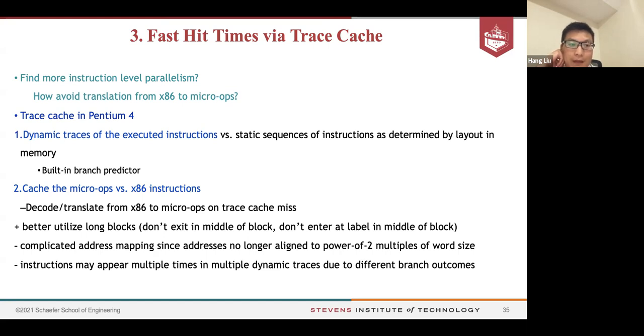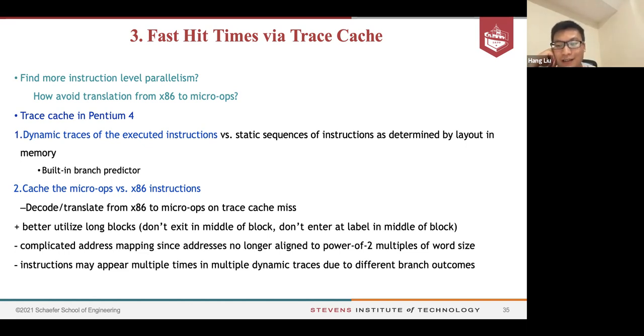What is the problem? When we are trying to execute different instructions, if some of the basic blocks are predicted taken and some are predicted not taken, then there would be problems finishing the instruction fetch in a single cycle, right? Because some are taken and some are not taken, there's a branch divergence. So we introduce a trace cache.